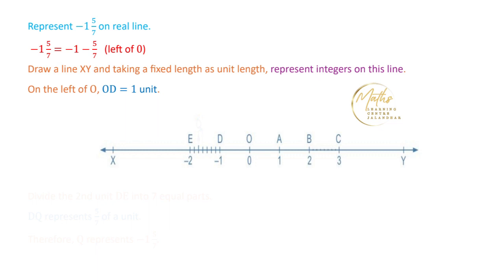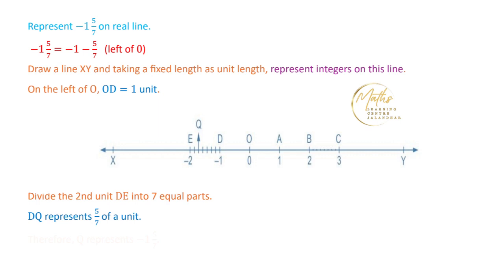So we mark this point over here and call it the point Q. To sum up, we have divided the second unit DE into 7 equal parts, and we can see that this length DQ is 5 by 7 of a unit.